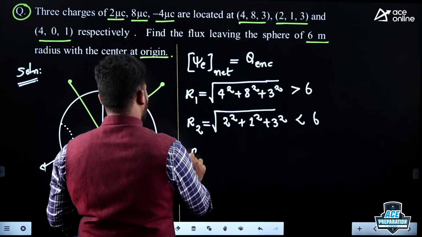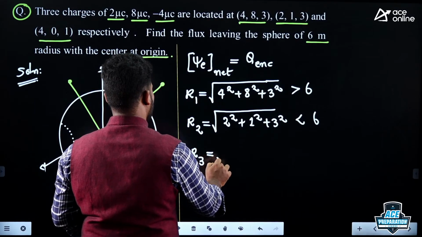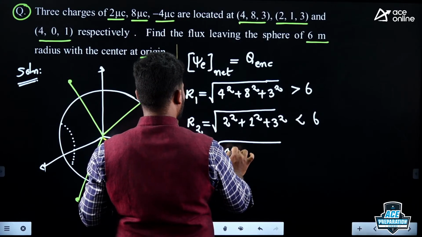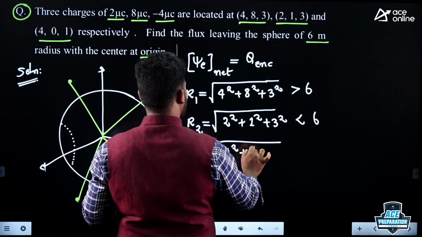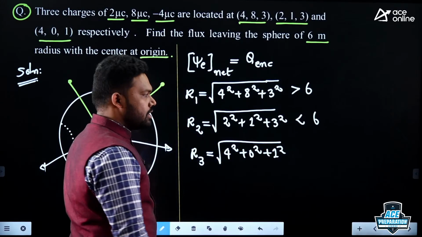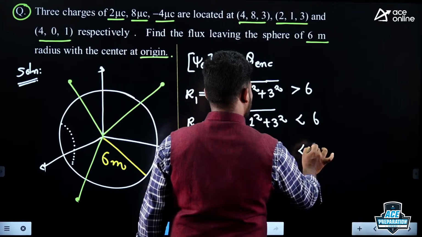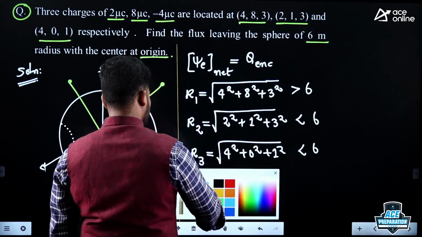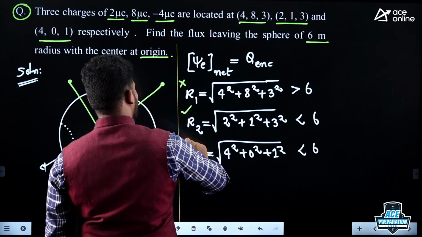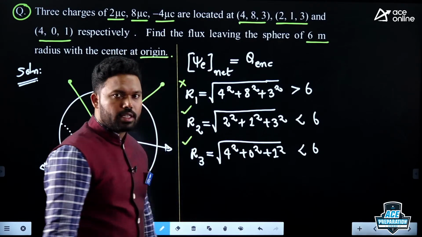Next one, R3 is the square root of (4 minus 0) squared plus 0 squared plus 1 squared. It is 16 plus 1, 17. So obviously this is less than 6. So the first charge is outside the sphere. The second and third charges are inside the sphere.